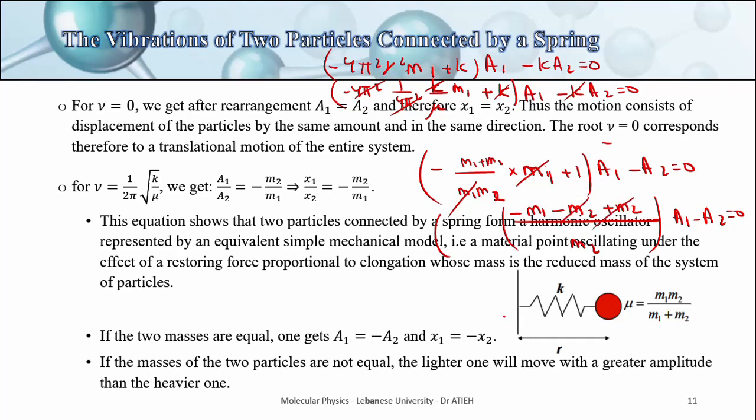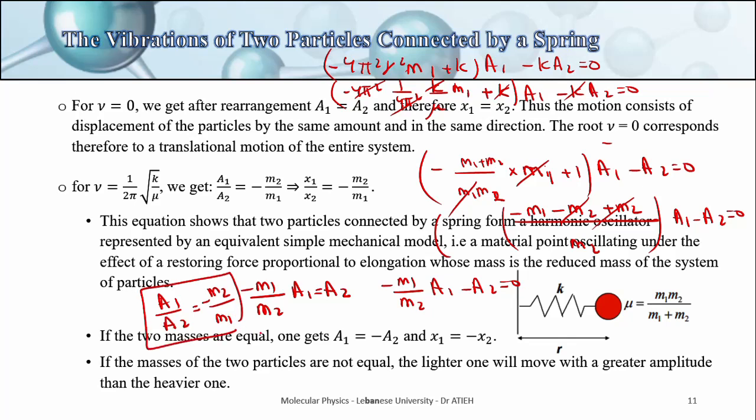So m2 with m2 cancelled. We are left with minus m1 over m2 a1 minus a2 is equal to 0. It's minus m1 over m2 a1 equals a2. So if I want to write it as a fraction of a1 over a2, it's equal to minus m2 over m1. So this is the relation that we have arrived at, similar to the one given here in the slide.